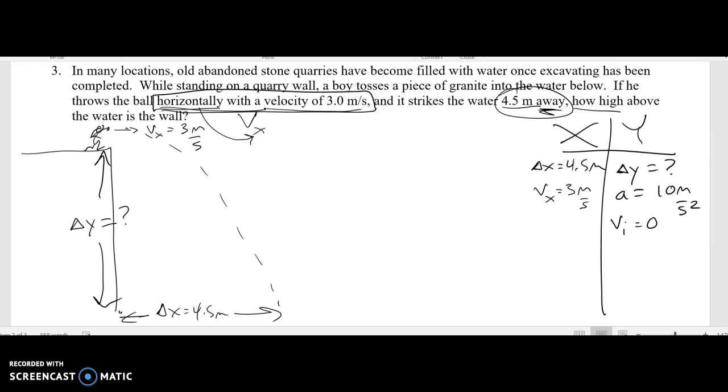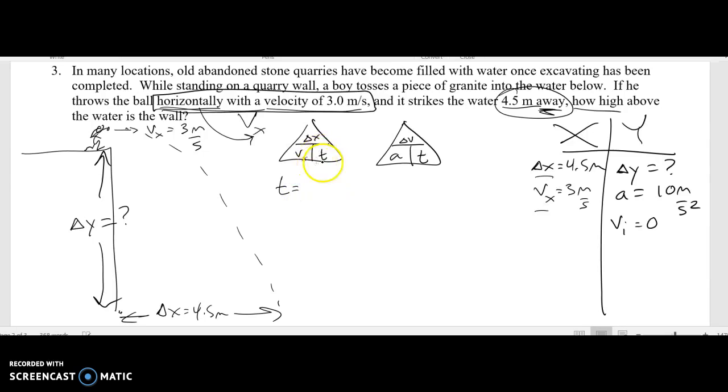But let's take a look over here. We've got our 2 big triangles that we love. We know velocity is delta x over t. We know acceleration is delta v over t. Those are 2 definitions. So if we build these triangles, I've got a delta x, I've got a vx. I can find the time.